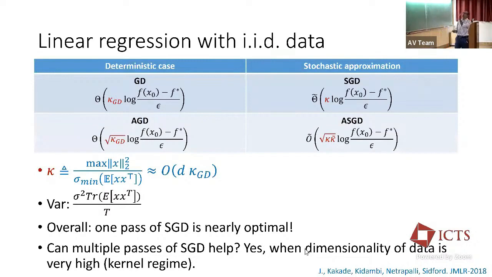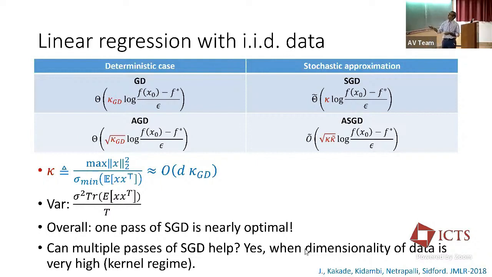So this is the picture, at least as we understand it, in the setting of linear regression with this very simple IID data assumption. In the deterministic case, you have a log 1 over epsilon convergence towards the optimal solution, where this term is multiplied by the condition number kappa GD. Kappa GD you should think of as the condition number of your Hessian matrix itself, right?